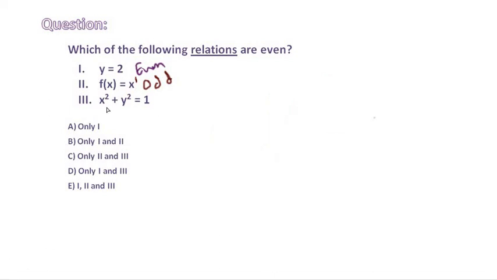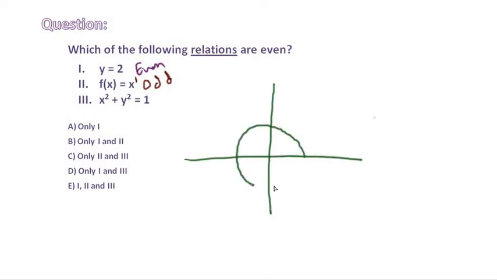The last one is the graph of a circle with radius 1. If you remember the formula of a circle, it's x squared plus y squared equals r squared. This is a circle with its center at the origin.